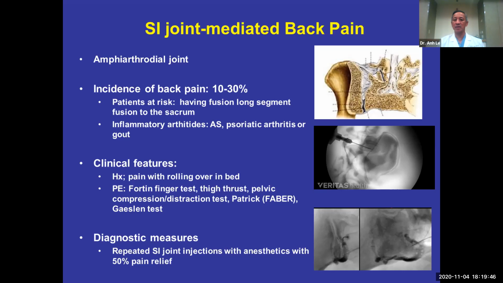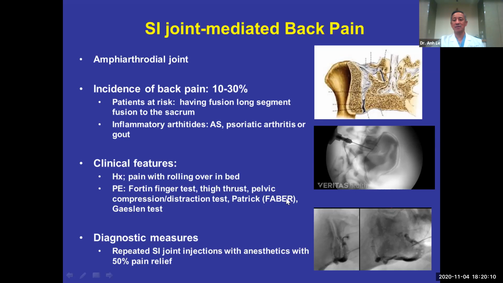Okay, that could be it. Or we can do 4 different provocative maneuvers, including the thigh thrust, pelvic compression and distraction tests. The next one is the Patrick test, also known as FABER, which is an acronym for flexion, abduction, and external rotation of the hip joint.